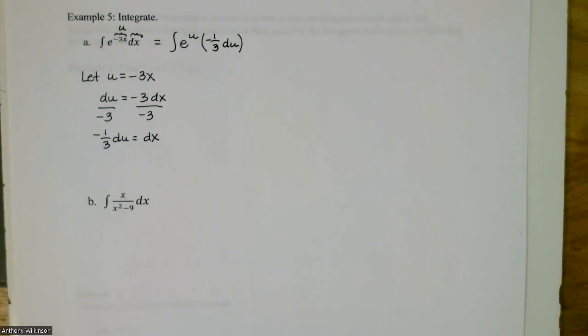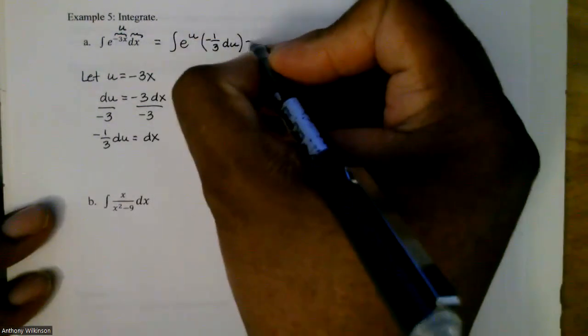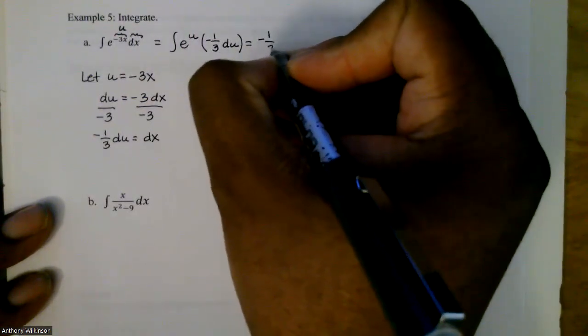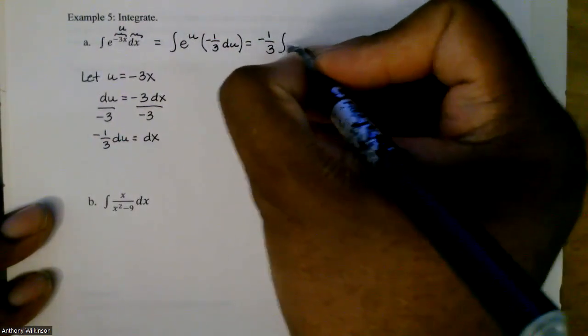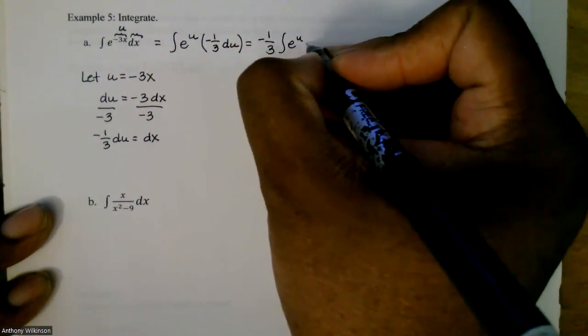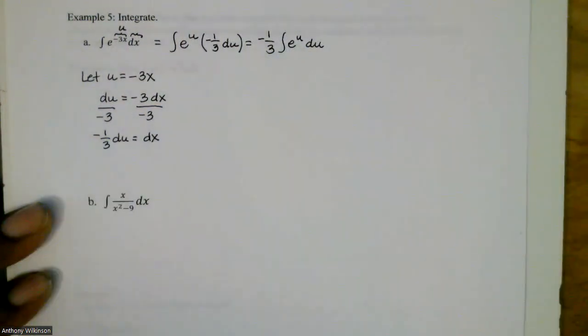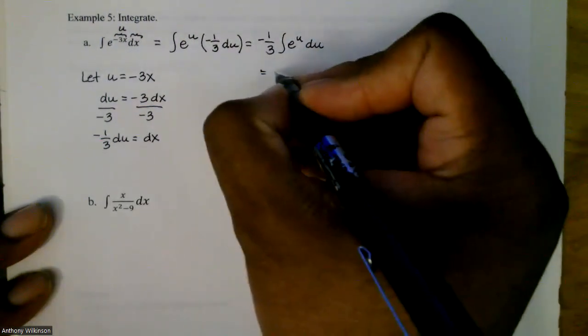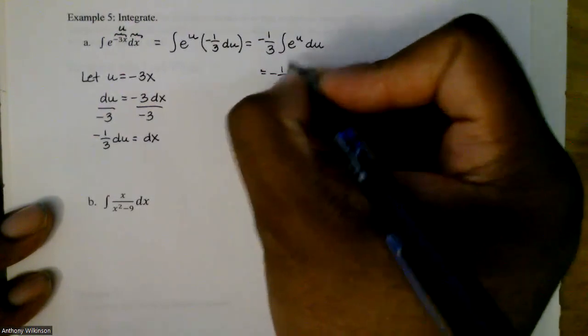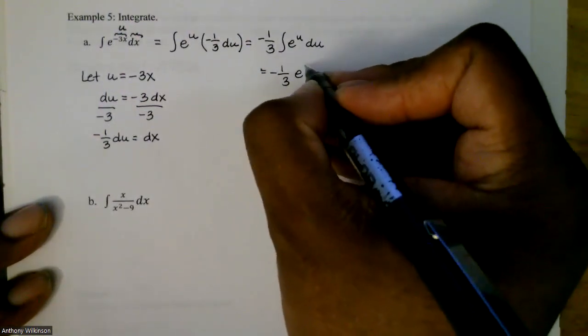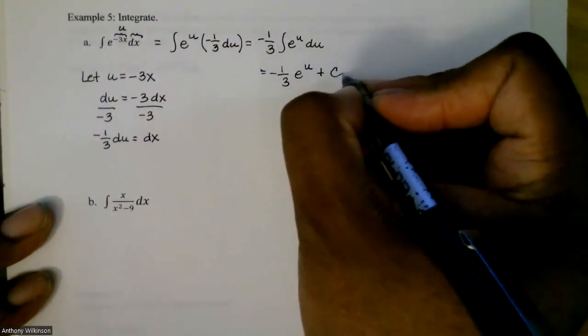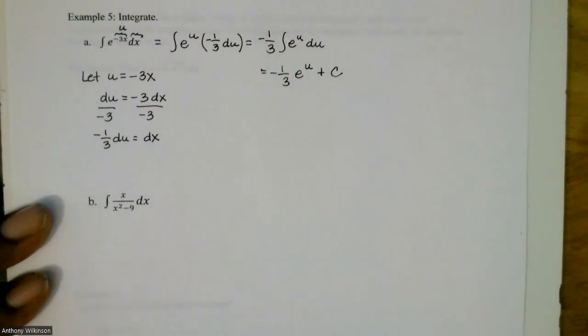And -1/3 is a constant, so I can pull the constant out in front, so it'll be -1/3 times the integral of e to the u du. And then I can integrate this, bring down the -1/3, the integral of e to the u is e to the u, and this is an indefinite integral, so I must include the plus c.